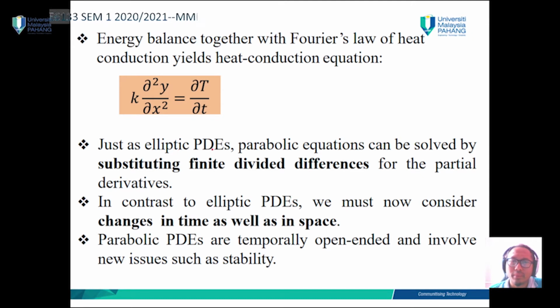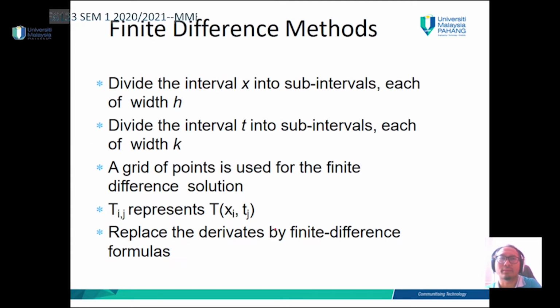Just as with elliptic PDEs, parabolic equations can be solved by substituting finite divided differences for the partial derivatives. In contrast to elliptics, we must now consider changes in time as well as in space, so x and t. Parabolic PDEs are temporally open-ended and involve new issues such as stability.